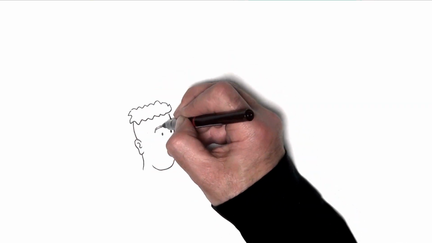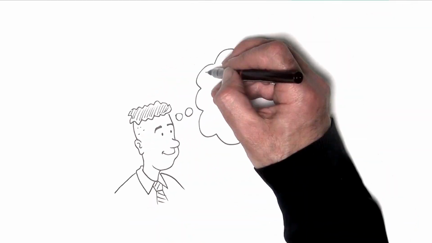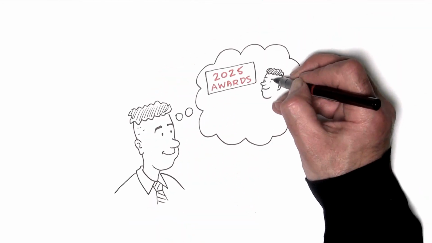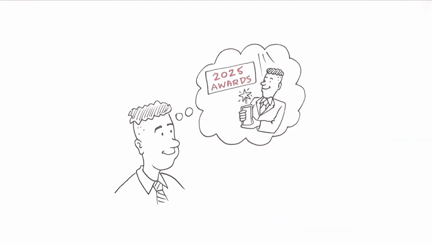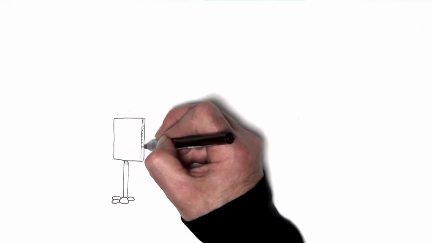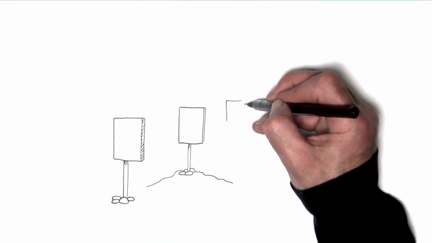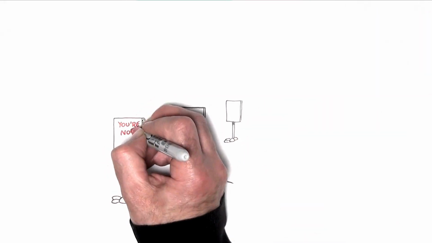The future pacing version of this model has our team or our individual simply imagining that it's 2025 and they've achieved excellence, and then asking themselves, how did I get here? What environment must I have created? What behaviours must I have demonstrated? What skills did I learn? And so on. What future pacing does is it leaves the blockers and the barriers of now behind.